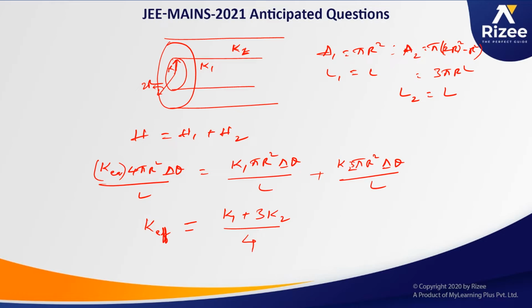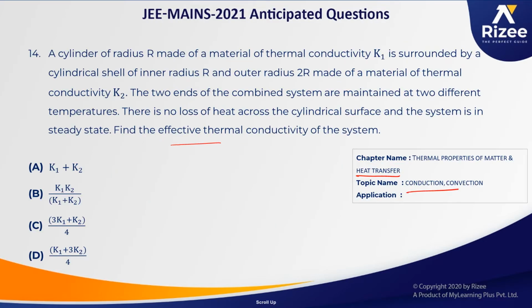This is the condition. So your option will be K1 plus 3 K2 by 4. This is option D.